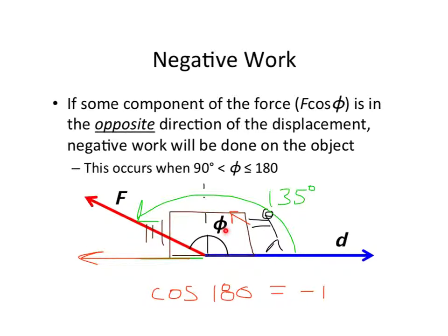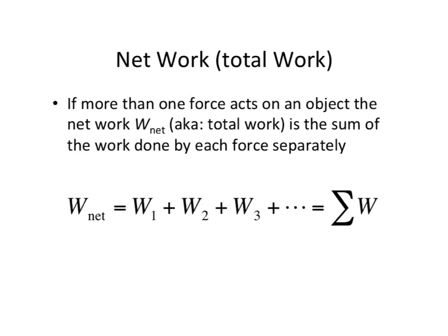Now let's talk a little bit about net work. In the previous chapters, we talked about net something else, and that was net force. Because that means the sum of all the forces. Well, the same thing can be true with work. The nice thing about work, though, is that it's a scalar, and even though it can be negative, we're going to draw them as being kind of all added up right here.